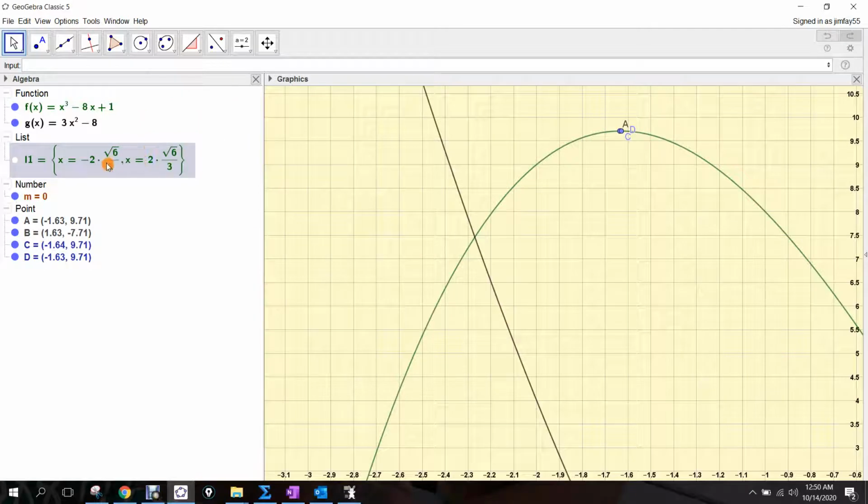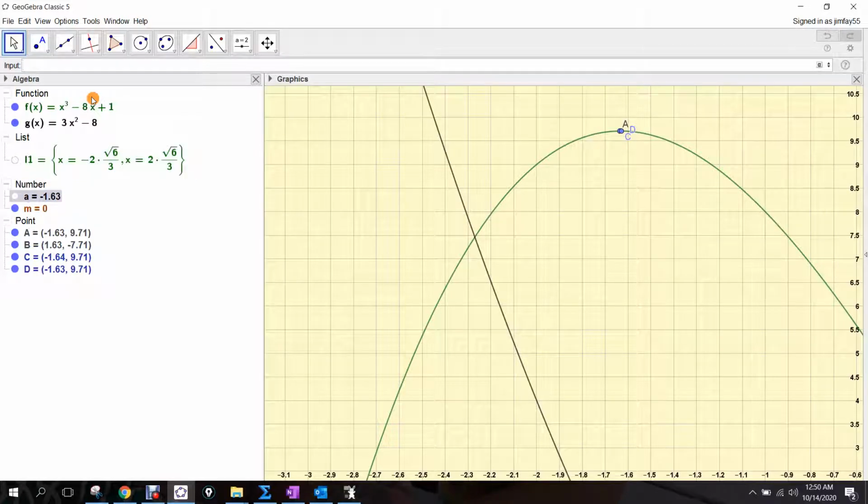Which, if I type one of those in, let's go negative 2 times the square root of 6, and then we'll divide that by 3. You see you get negative 1.63, which is the exact location of that maximum on our curve.